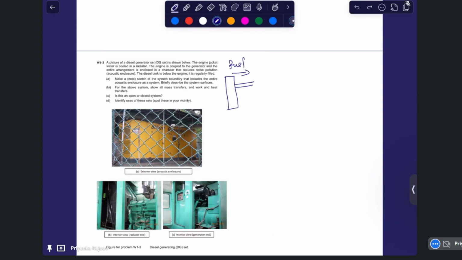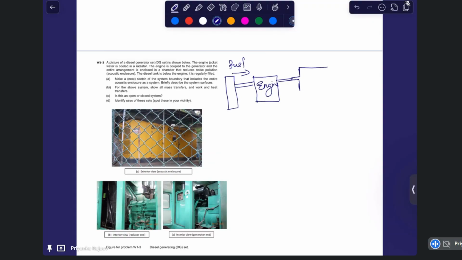From that engine, which has a piston cylinder arrangement connected to a shaft, the shaft will go to a generator, as we have learned in school.